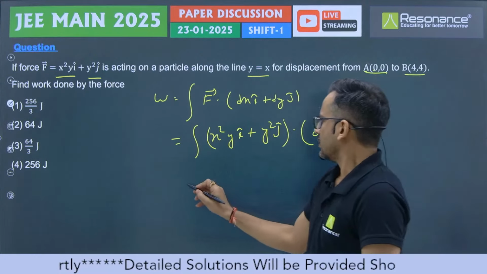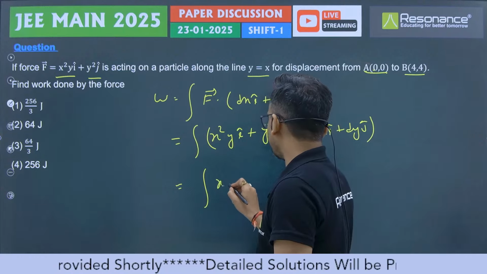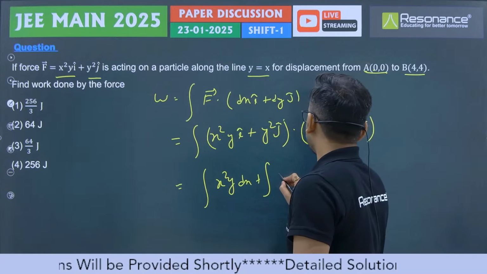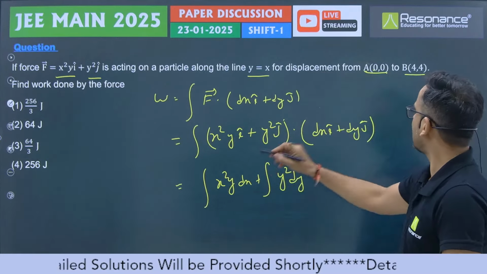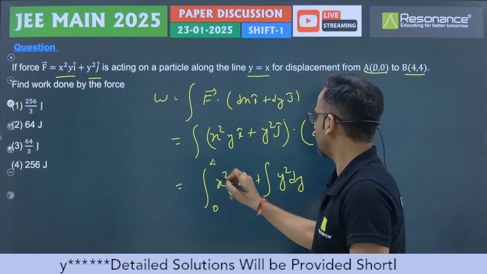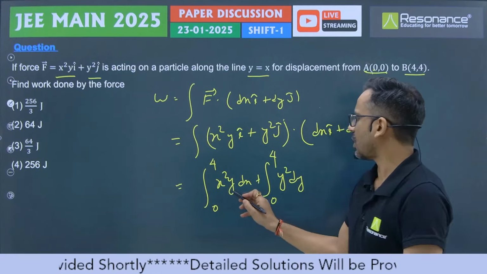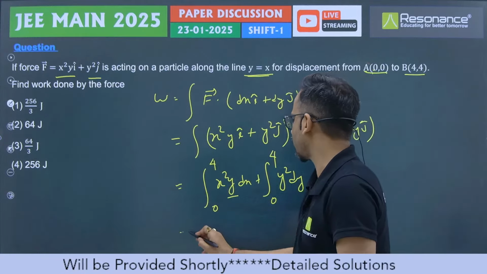Okay. So over here, after taking the dot product, we will get integration of x square y dx plus integration of y square dy. Now we can put the limits, as here this is dx, so 0 to 4, and here 0 to again 4. Now the problem is that there are two variables, so obviously we know that x equal to y, so we can put like this.